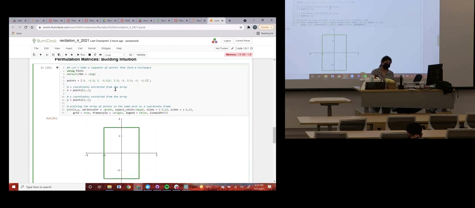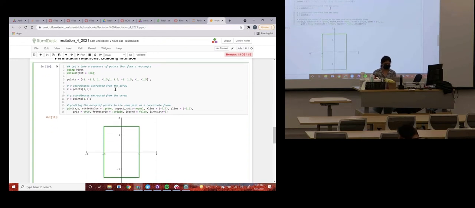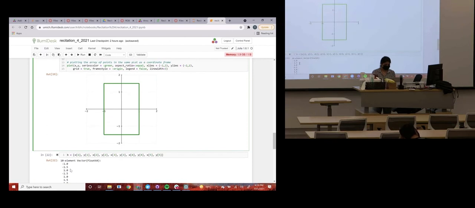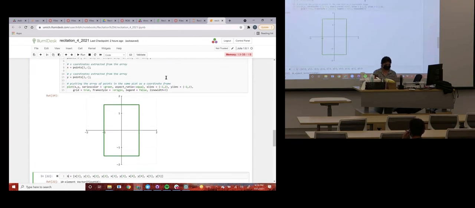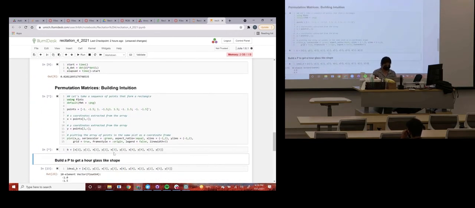So it's kind of like an intuition where your permutation matrix is basically, I'm going to give you a rectangle, right? And the points are defined in here. And once I deserialize those points, the x and the y coordinates, I build a B matrix which has all these points, x1, y1, x2, y2, x3, y3, and so on, all the coordinates of the rectangle.